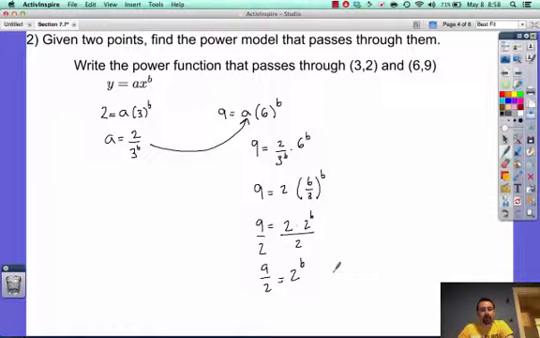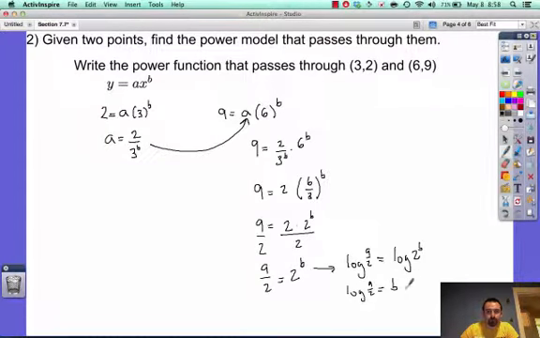Now in order to solve for b, I need a logarithm. So I'm going to log both sides. Log of 9 halves equals log of 2 to the b. That means that I can bring this b down and I get log of 9 halves equals b log of 2. So b will equal log of 9 over 2 divided by log of 2.